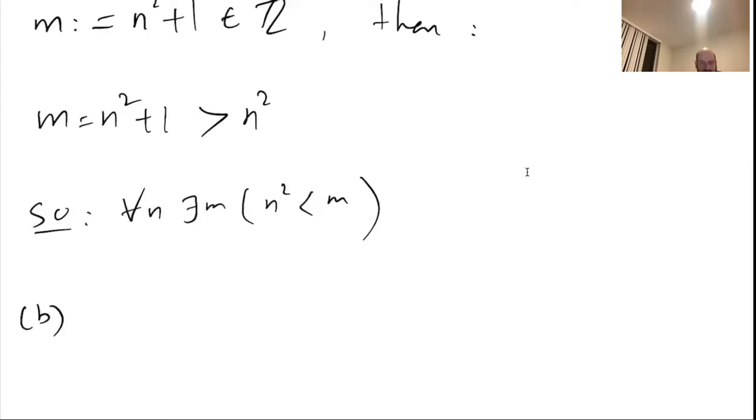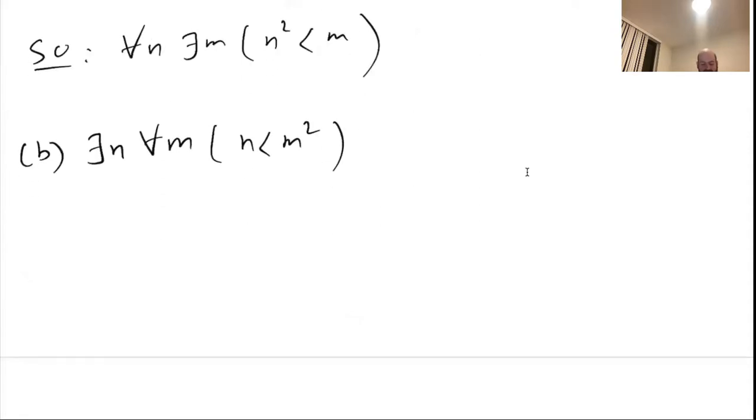Part B, there exists n such that for each m, n is less than m squared. Again, before deciding whether it's true or false, let's try to get some idea by thinking about some examples or numbers. Let's say, for example, n is 5.